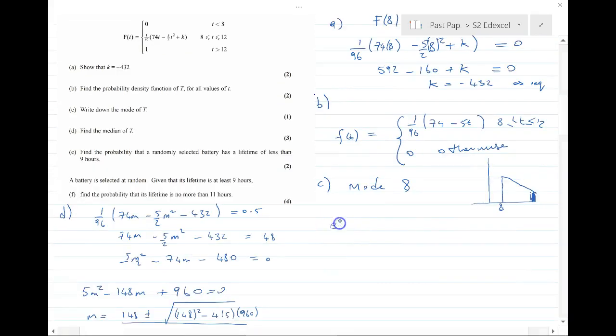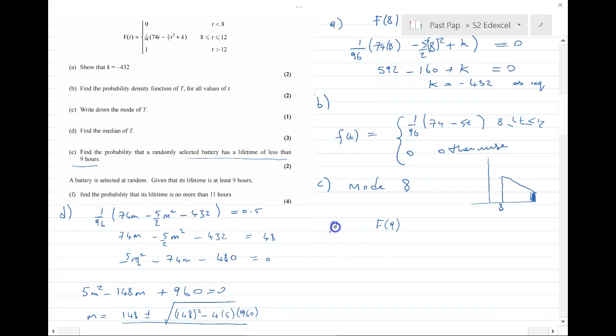Okay, part E says find the probability that a randomly selected lifetime is less than 9 hours. Well, all we have to do is put 9 into here. We could integrate this, but why bother when we've already got our CDF, which will give us that value. So we're basically working out F of 9. Let's write it out.